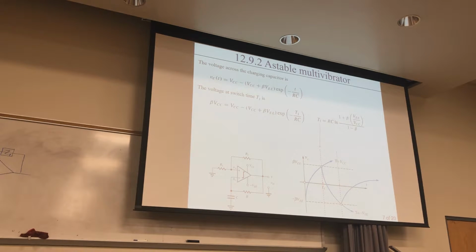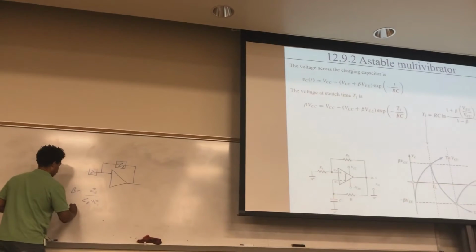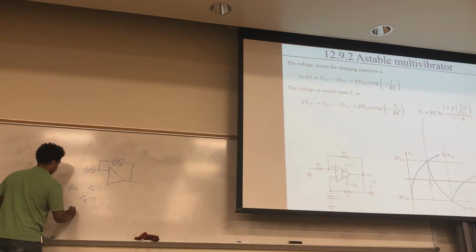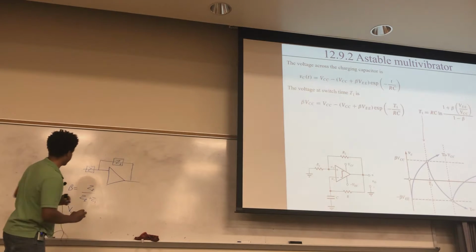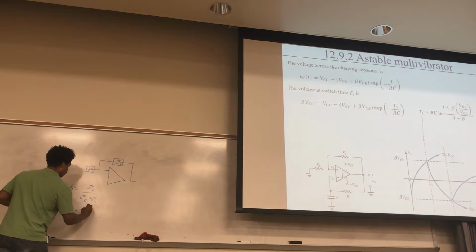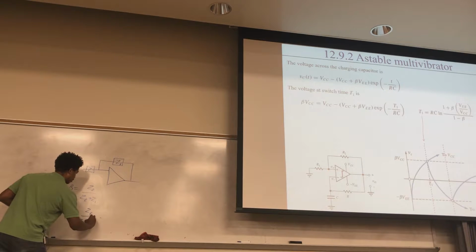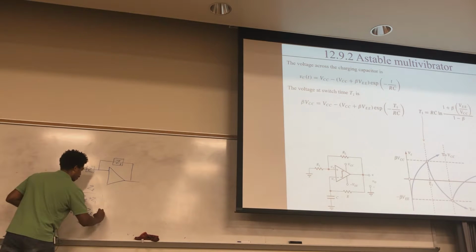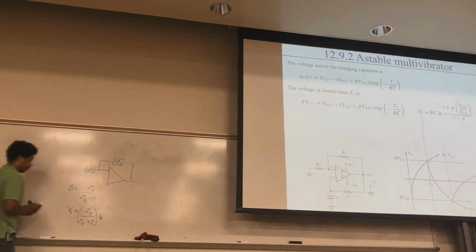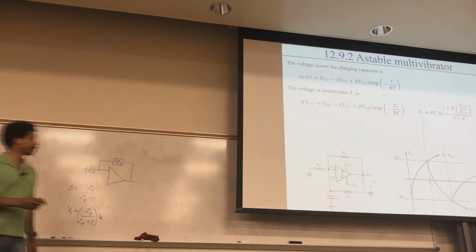So you're having that voltage at the inverting node equals ZF over ZF plus Z1 times V out. Just voltage division.